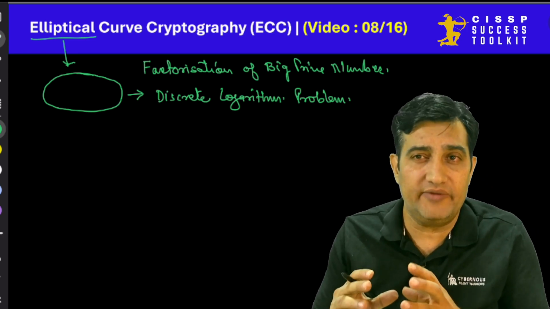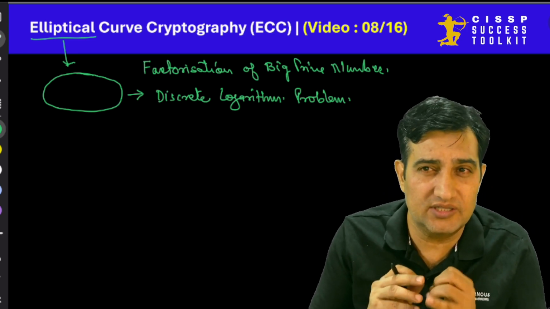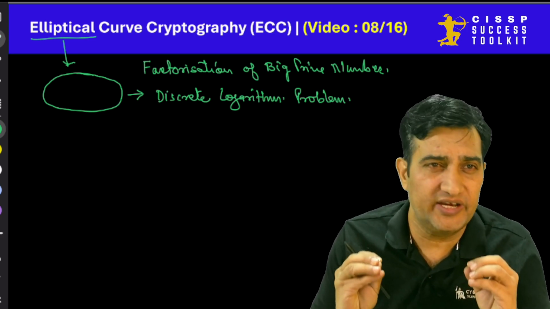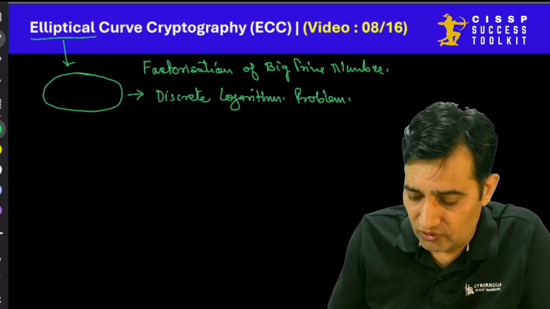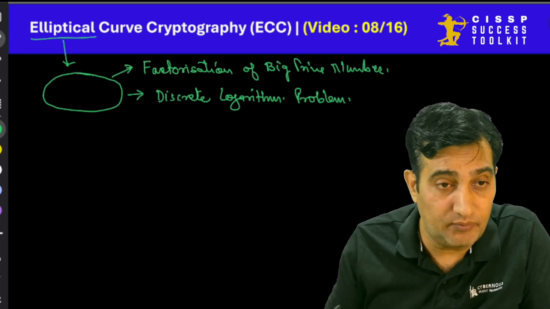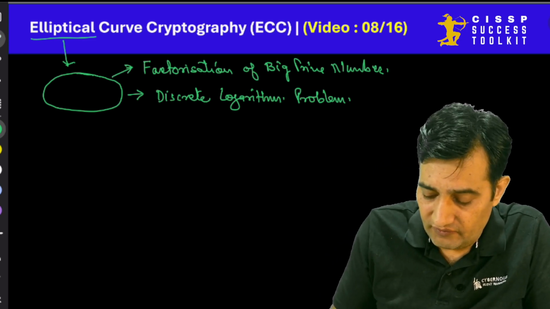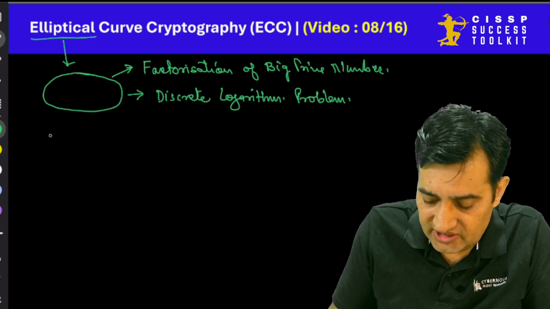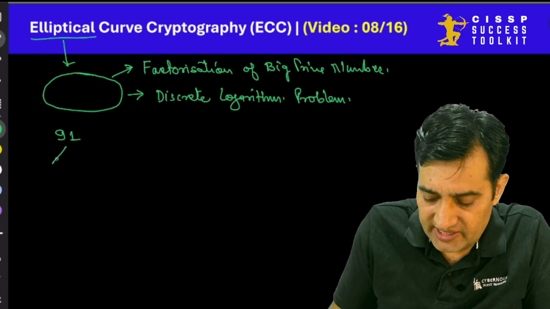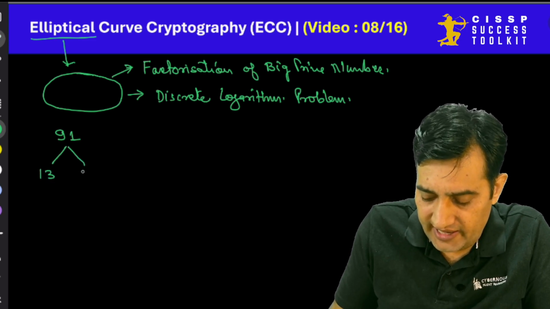Okay, now if you are having difficulty understanding what this discrete logarithm problem is, let me tell you in the simplest way. If you have to relate the factorization and the logarithm problem, you can take it like this. For example, the factorization problem was that day we discussed about 91, right? 91 is a product of 13 and 7.